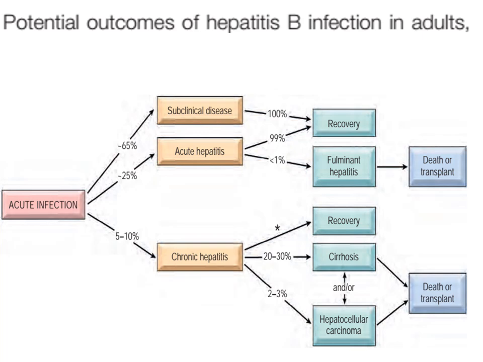And chronic hepatitis can lead to cirrhosis in 20 to 30% of cases, while 2 to 3% of cases can develop hepatocellular carcinoma too.